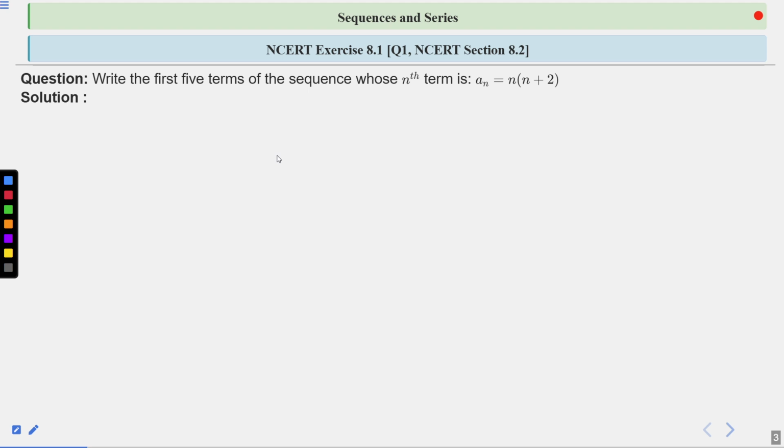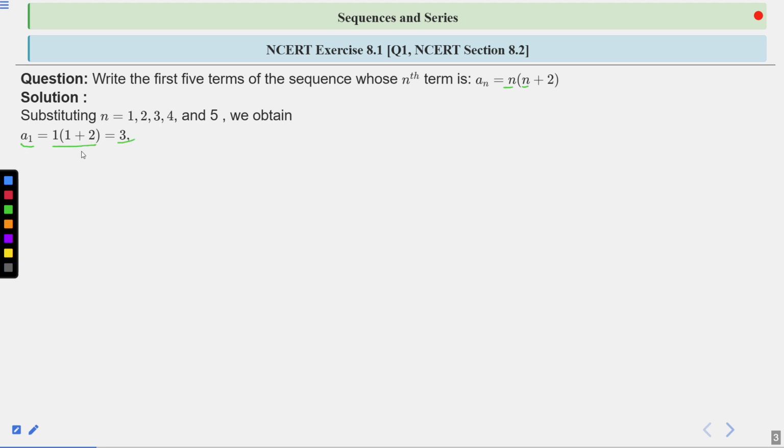Solution. Substituting n = 1, 2, 3, 4, 5 will give me the first 5 terms of my sequence. So for n = 1, substituting 1 here and here, we get 1 times (1 plus 2), which is 3.